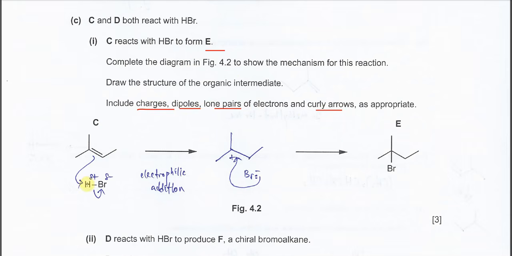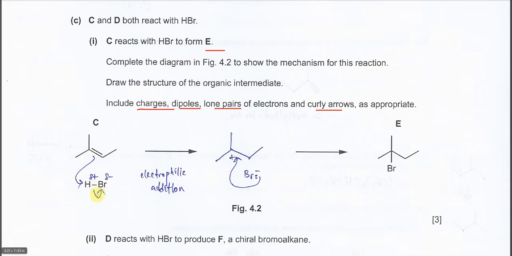When HBr, the electrophile, approaches the alkene, we say that this electrophile attacks the alkene. The alkene will donate a pair of electrons to the HBr, and a new bond forms between the C and H, and the HBr needs to break.